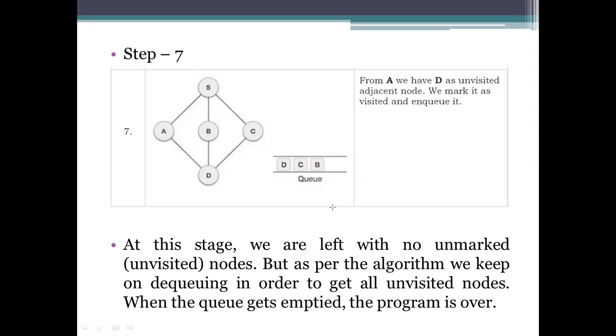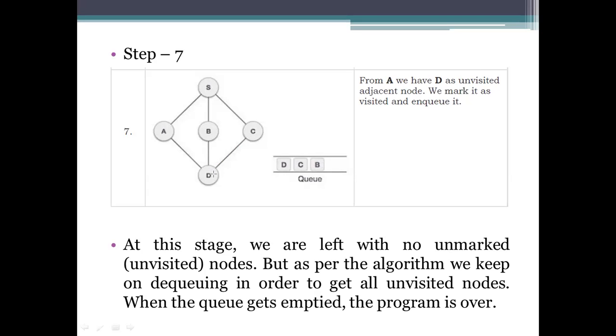Once there are no unvisited vertices, what we have to do is clear all the values from this queue and empty the queue here. So how am I going to process step 1 and step 2 here? Until the queue is empty.